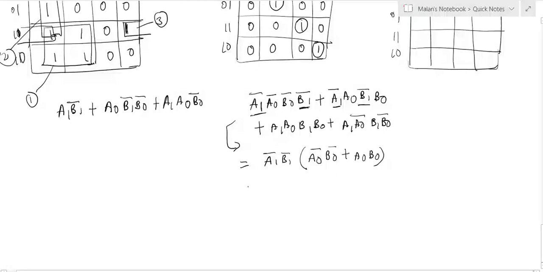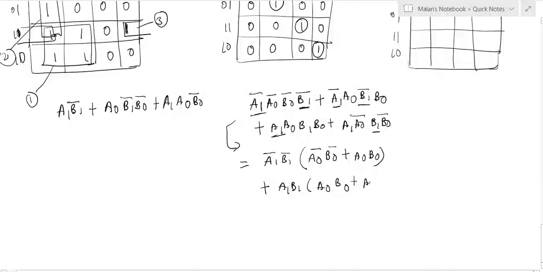Now from the next two terms, I can take A1 and B1 outside as common. Now internally in the bracket it will be A0, B0 plus A0 bar, B0 bar.